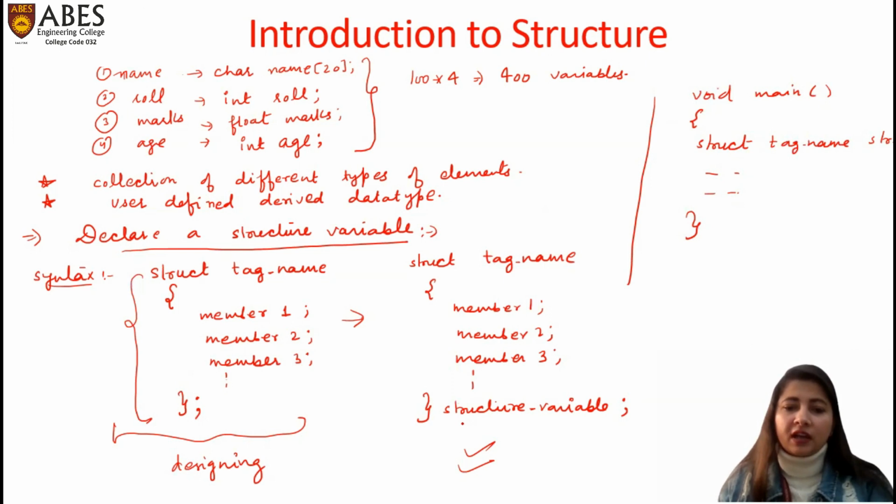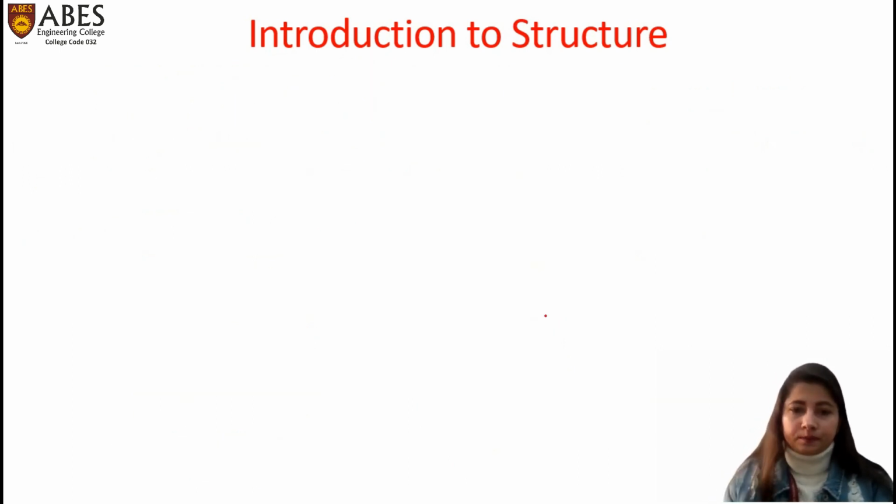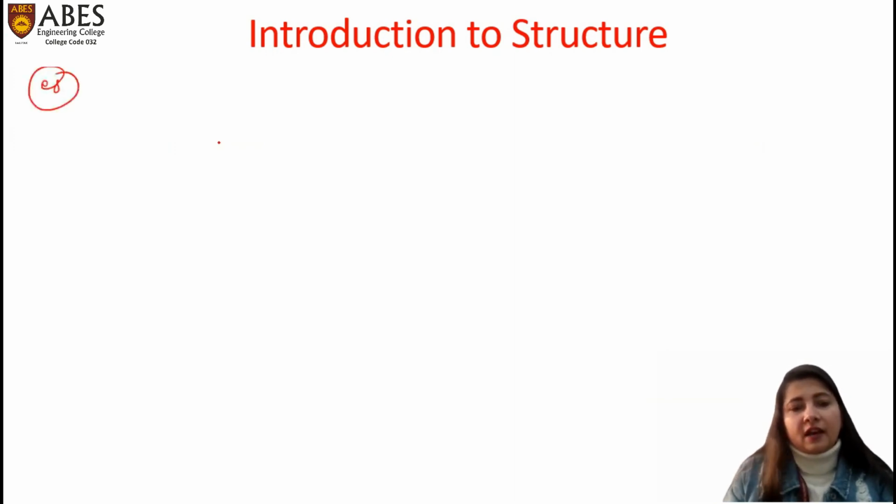Now, once we have declared a structure variable, the memory will be allocated to the structure variable only, not to the members itself. Now, let us take an example. Let's say I want to create a record for a single student of a particular class, in which the fields would be the student name, roll number, and marks in a subject.